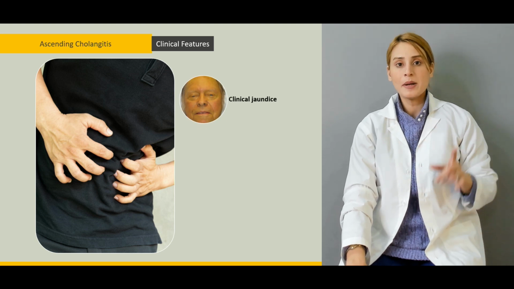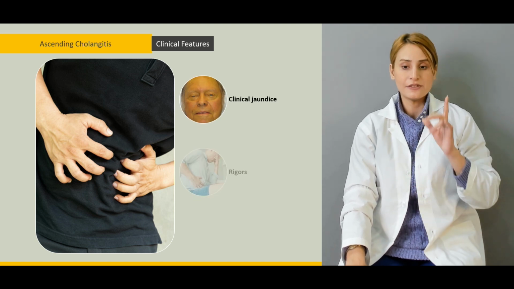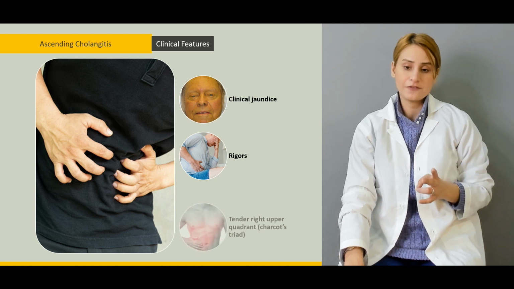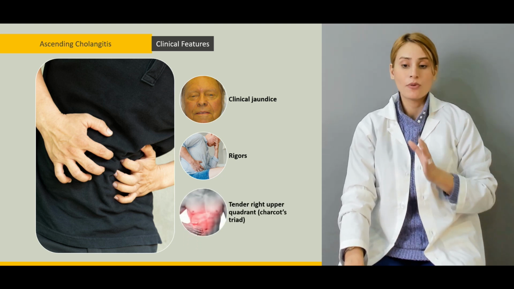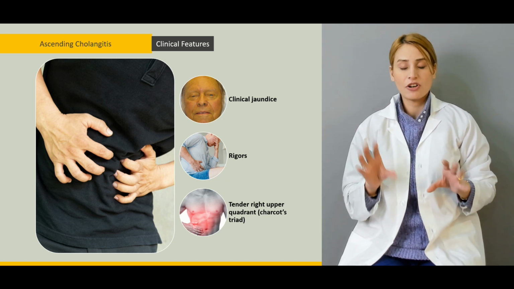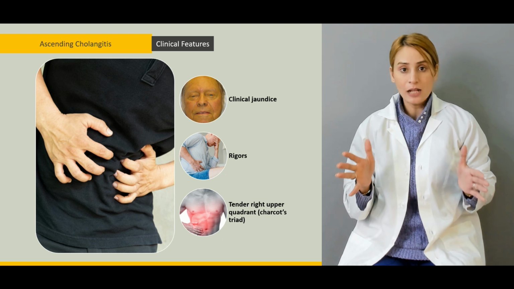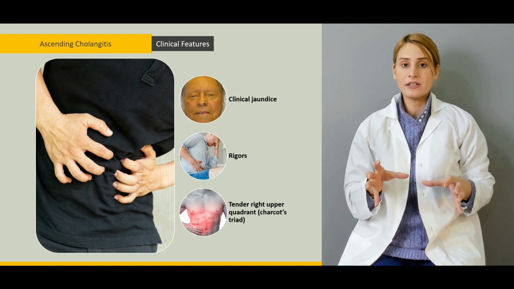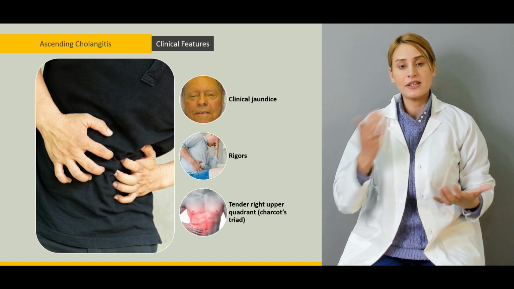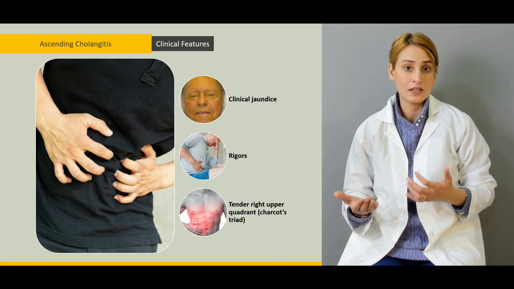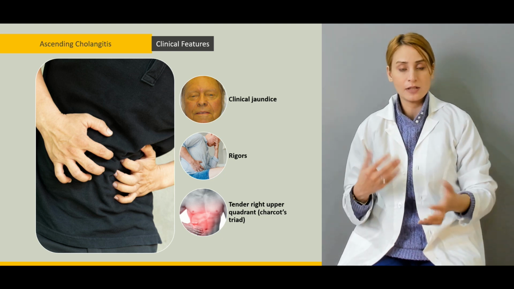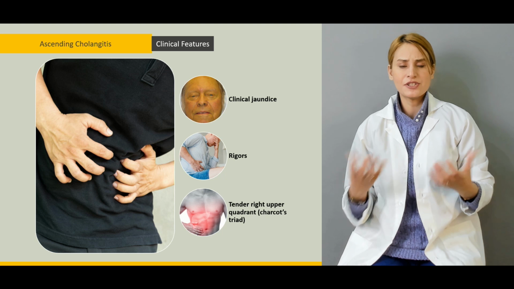So always remember the clinical jaundice, rigors and chills associated with the fever, and the tender right upper quadrant. This classically makes the Charcot triad, and it can help you distinguish between obstructive jaundice and hemolytic jaundice, because all kinds of jaundice present with the same clinical picture, a yellowish discoloration.